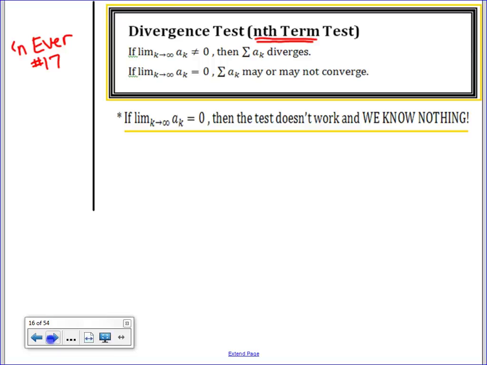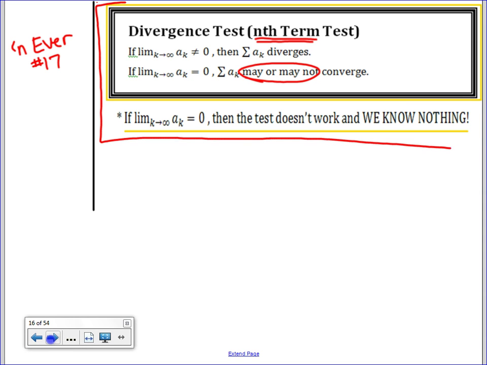Now hold on. I said if it doesn't equal 0, then it diverges. Hold on. If it does equal 0, there's always a may or may not. So I need you guys not just to write the test on your forever card, but also write the note.